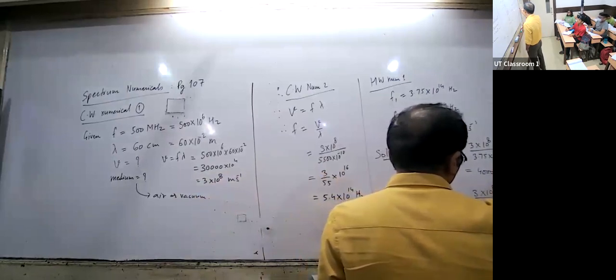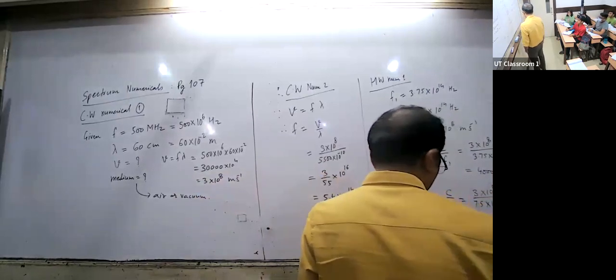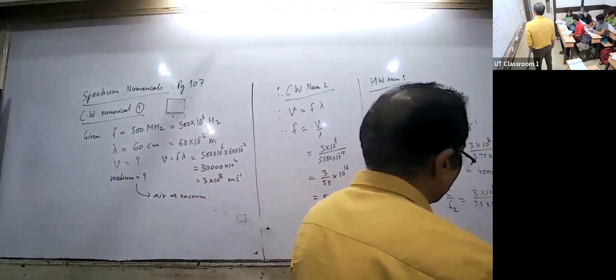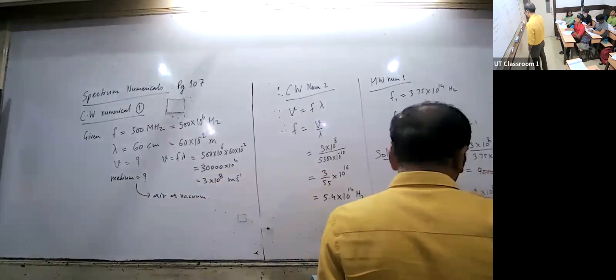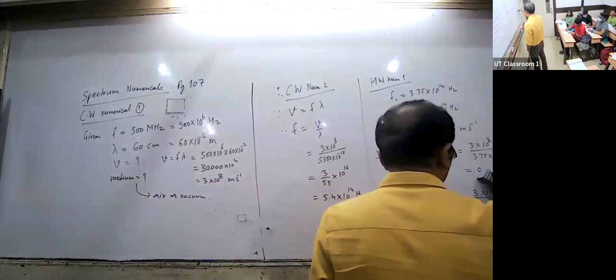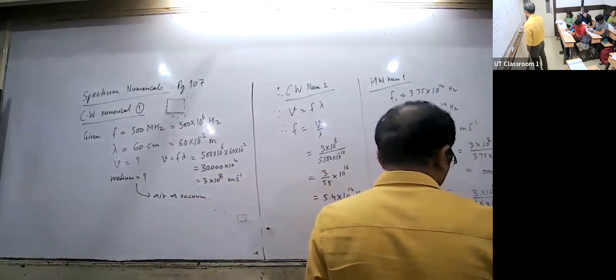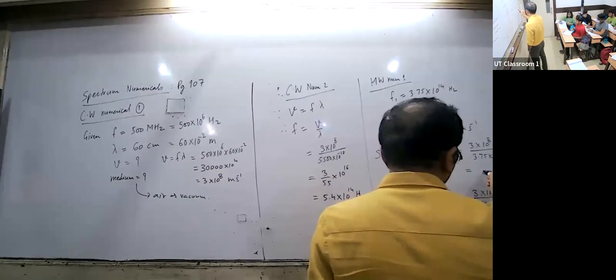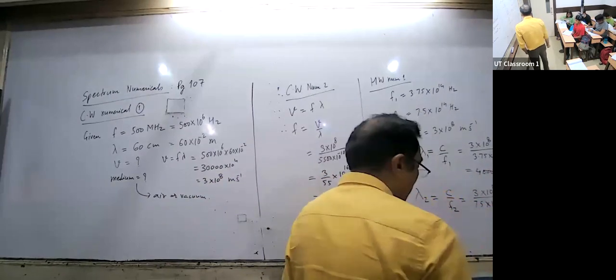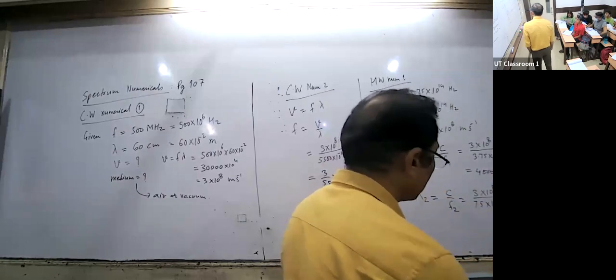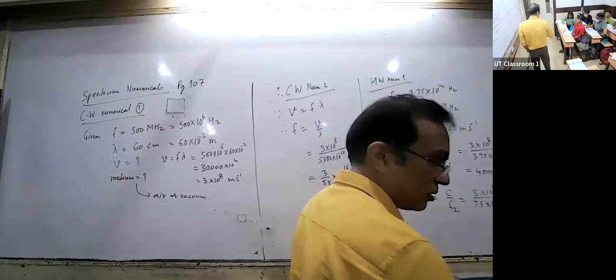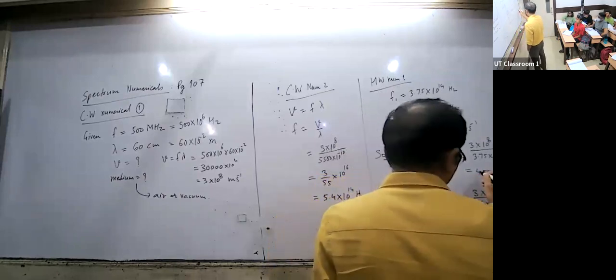Sir, the second one is 4,600. No, this will be 8,000. No sir, 4,000 will remain, below it 8,000. Correct. Which frequency is higher? Sir, the second one. Then this will be 8,000.